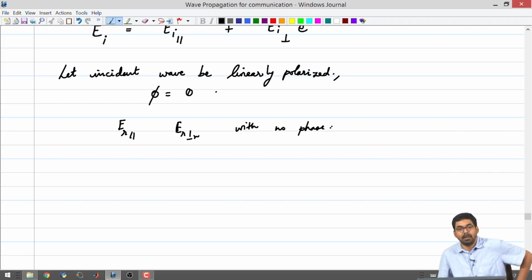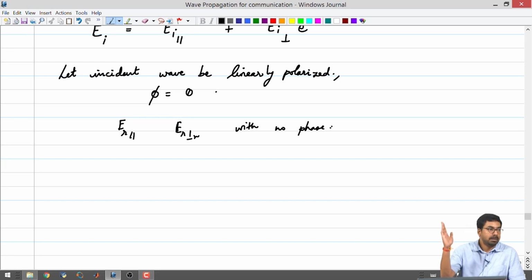So, if you have to add them up together, you will immediately realize that ER is also going to be linearly polarized, but ER parallel value is not the same as ER perpendicular value, that is the reflection coefficients are not identical. So, the linearly polarized wave could undergo a change in angle at which it is polarized simply because the y component or the perpendicular component is different from the parallel component. That is all, but it will remain linearly polarized.